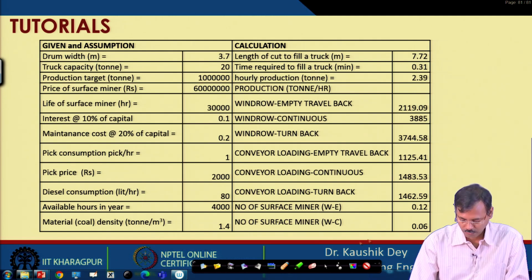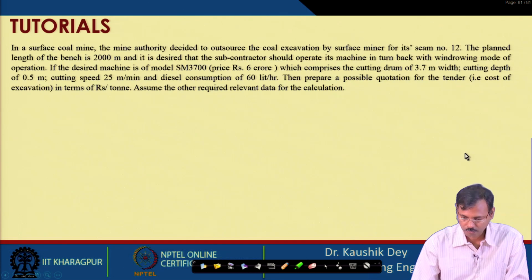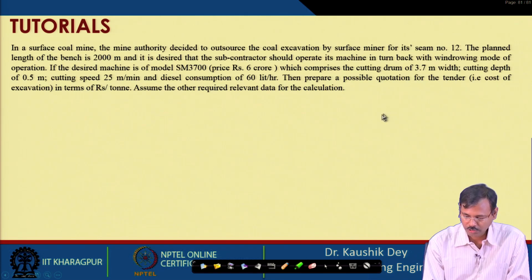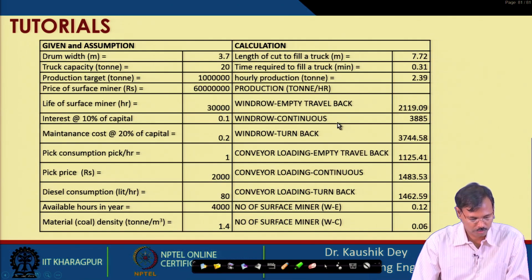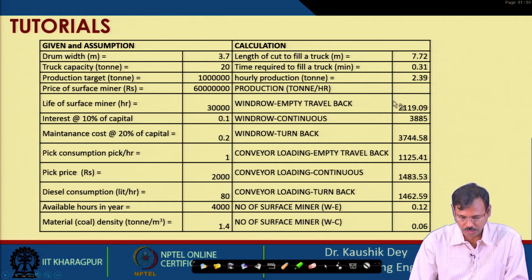So, the procedure will remain the same. Oh, sorry, our cutting drum width is changed, so that is why the truck capacity.